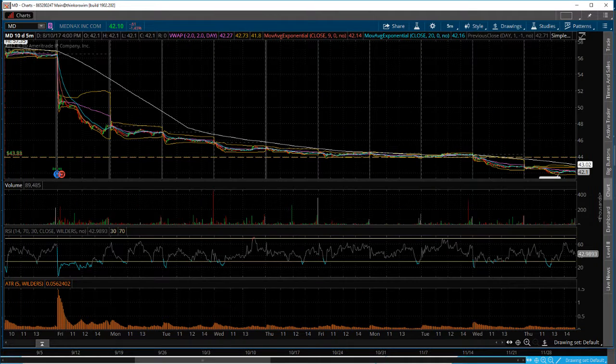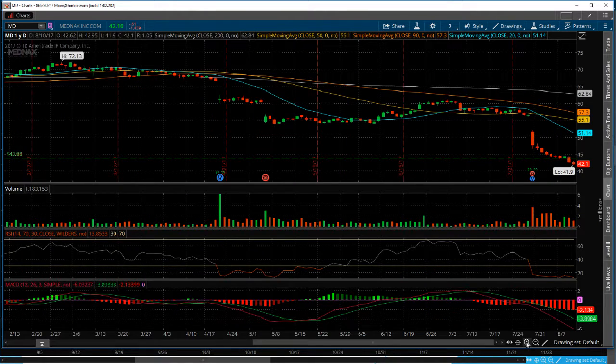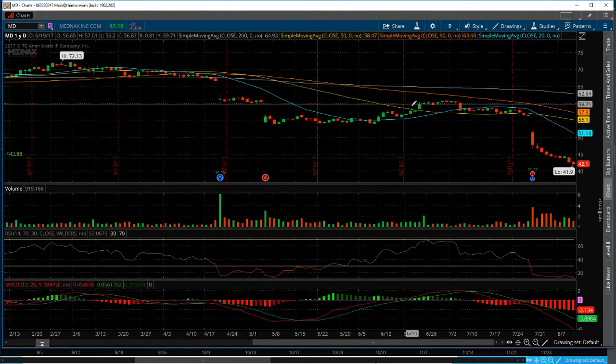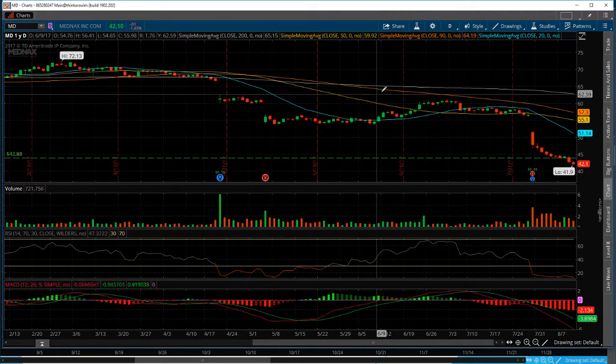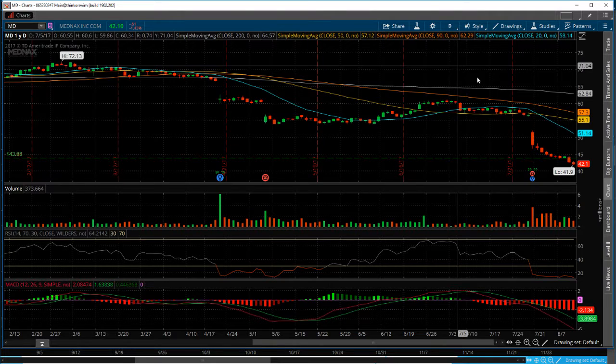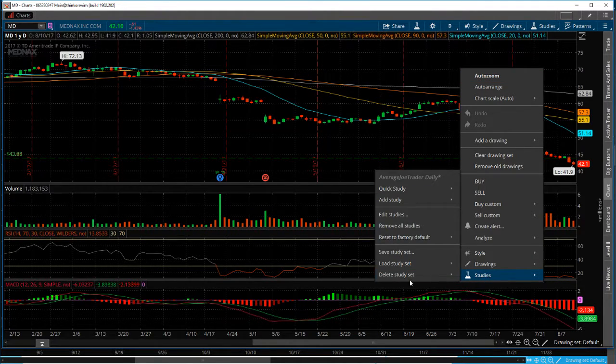All right, here's a good daily chart. If you're looking at a chart like this, it's very difficult for you to spot phases when you've got all of these moving averages and all of this stuff in the way. So what I suggest you do is go to a clean chart.